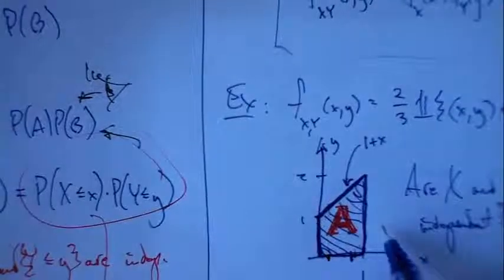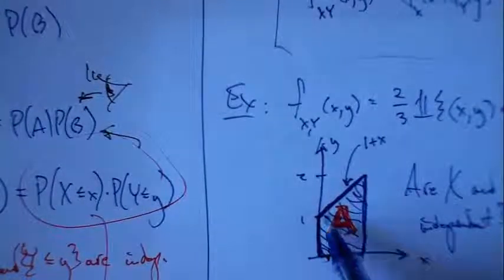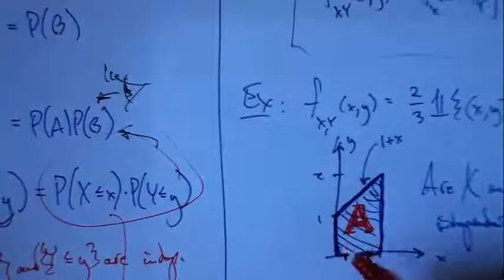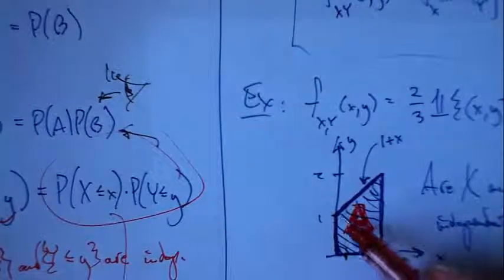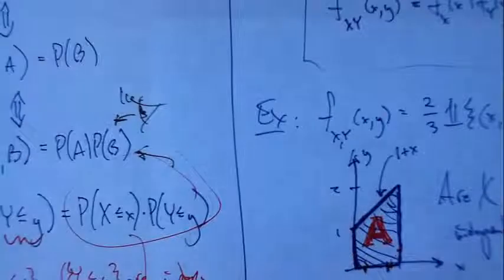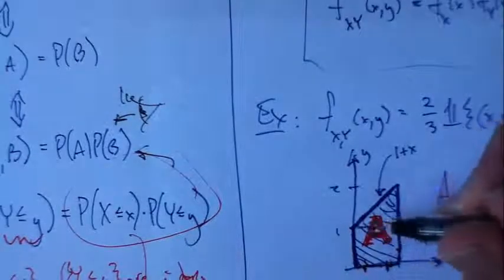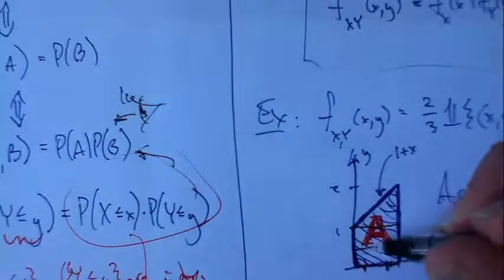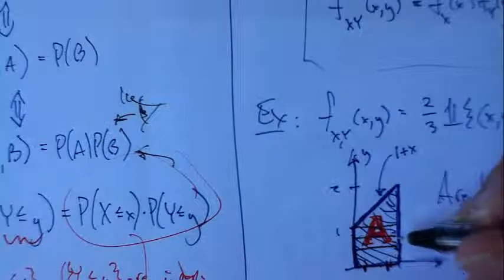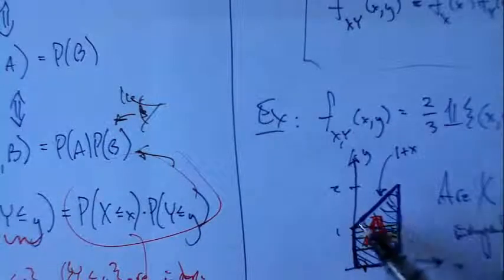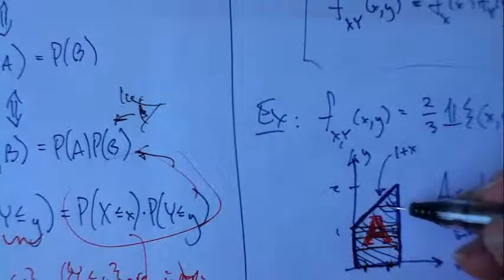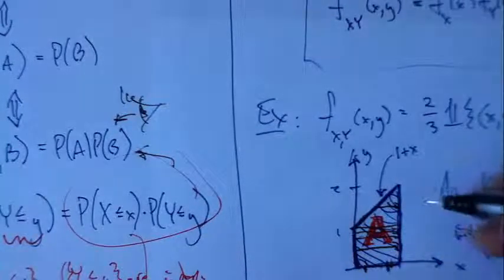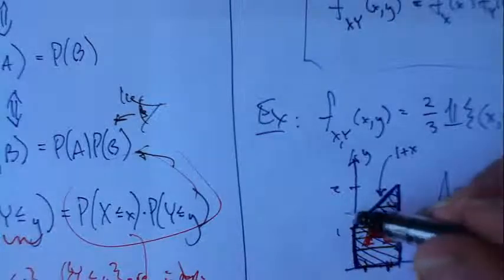Careful now, look, x goes from 0 to 1 all down here in this square. It goes from 0 to 1, 0 to 1, 0 to 1. But up here, it does not. It goes from this line to 1.